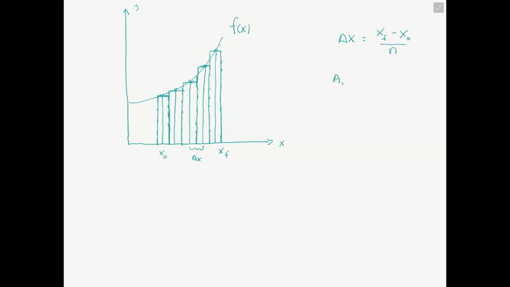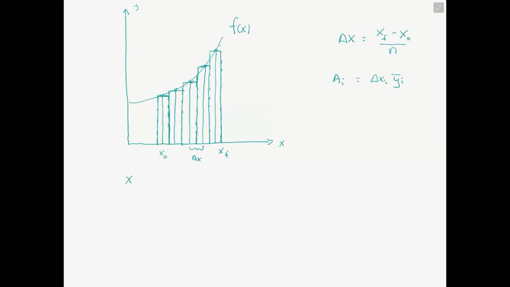So the area of our rectangles, let's say whatever ith rectangle, is equal to delta x i times y average i.